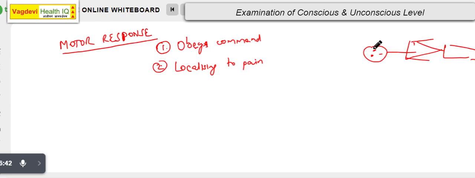Then you apply some pressure on the supraorbital nerve again, and increase your pressure until he is touching that part. If he's not touching, that means he's not in this category. Very simple.